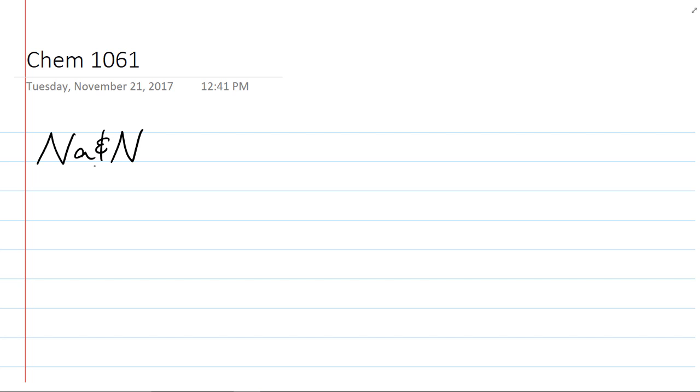Now, if we want to go on to something like sodium and nitrogen, we want to write out its Lewis symbol. Let's go ahead and see how this would be done and how we might determine the formula. So to do it for this one, we start with sodium. How many valence electrons will the sodium have?